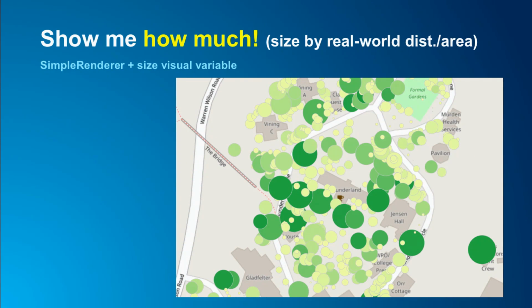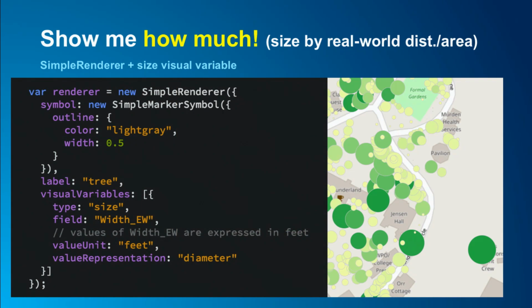Okay, let's talk about size, both real world and driven by variables. So here we have a data set of trees for a college, and we want to symbolize the marker by the canopy size as it is in the real world. And so instead of setting stops, we can actually take the value of a field that indicates that size of the canopy and use that to drive the visualization.